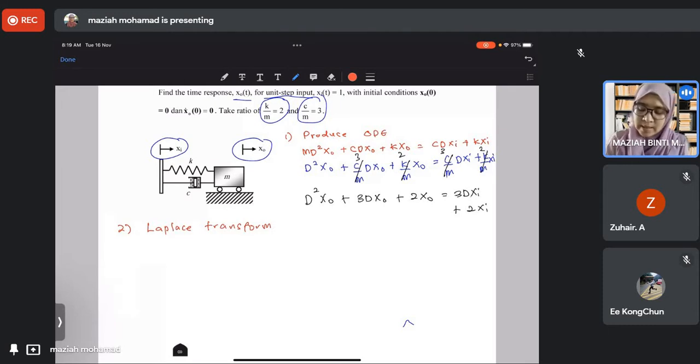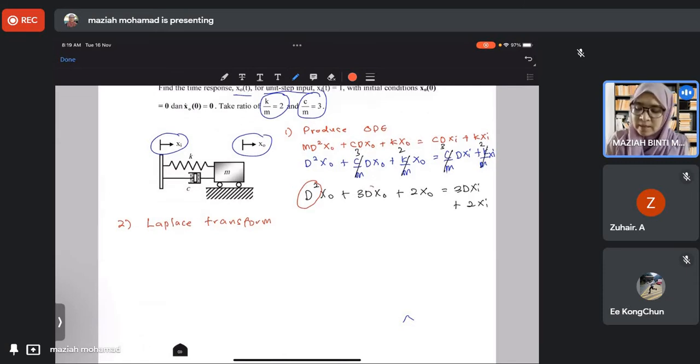So here we can see that there is a second differentiation term, and here this is the first differentiation term. So you can just refer to the table. So if you have d square, it will become s square X naught s minus, I think, minus s x naught 0 minus x prime naught 0.